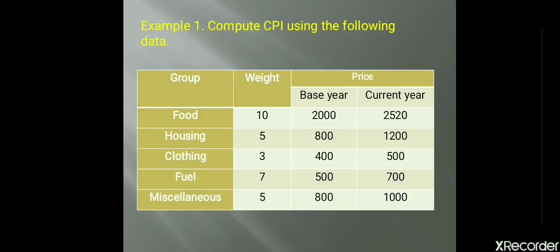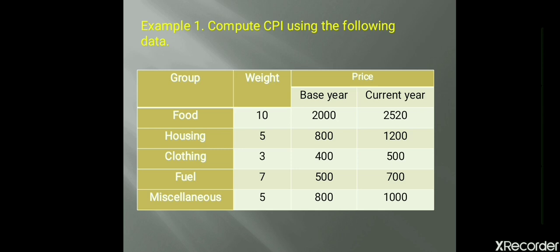Now we are starting with a few problems to know how to find consumer price index under this technique called family budget method. Consider the first example. Compute consumer price index using the following data.